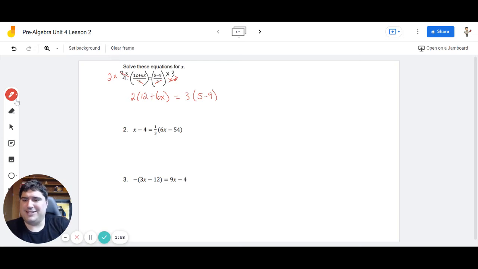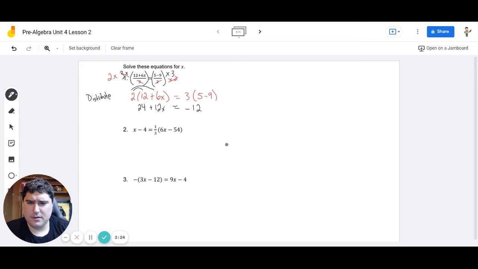Let's distribute on the left-hand side. So distribute the 2 to both the 12 and the 6x. That gives us 24 plus 12x equals, well, we don't have to distribute here. We can say 5 minus 9 is negative 4. 3 times negative 4 is negative 12.